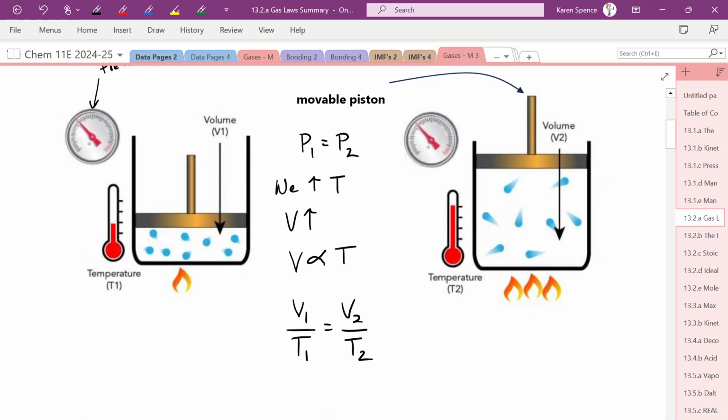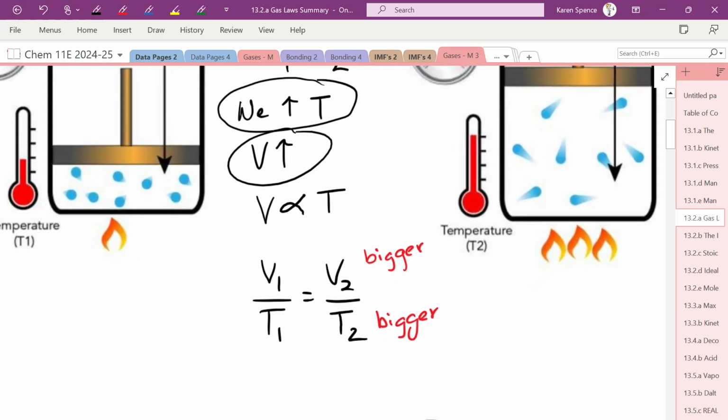When things are directly proportional to one another, it means that if one gets bigger, the other gets bigger. So this would be bigger over bigger. So it remains the same as before.